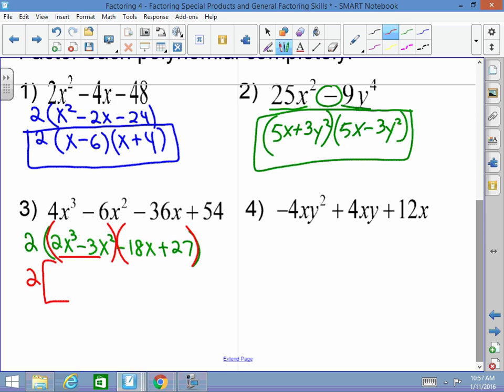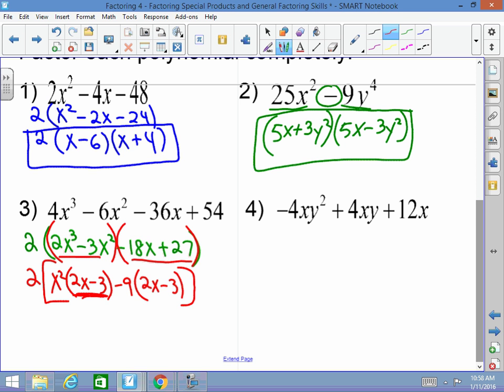Out of here I can take out an x squared, and I'll be left with 2x minus 3. What do I got to take out of here to make it a 2x minus 3? No, I got to take out a, no, not a positive 9, but a negative 9 to give me a 2x minus 3.